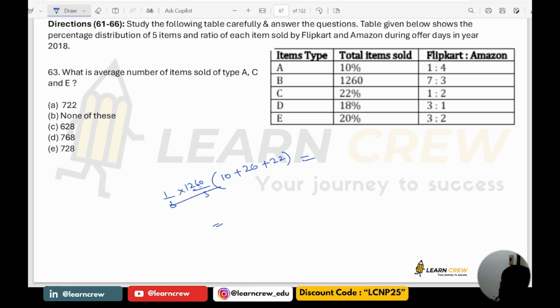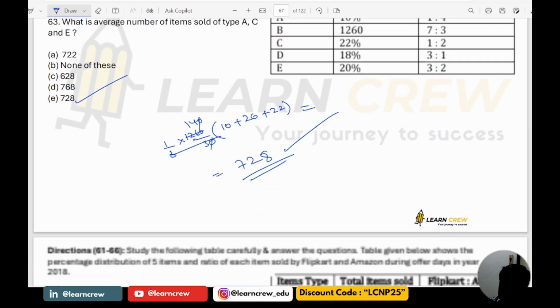So 3 3s are 9, 9 14s are 140 into how much is this value? 140 is 30 na 00. So 14 into 42 plus 10, 14 into 52, which is 728. 728 is the answer. So option E.